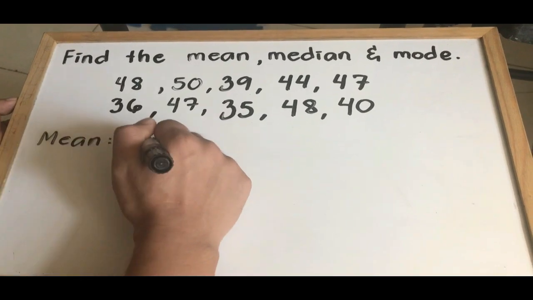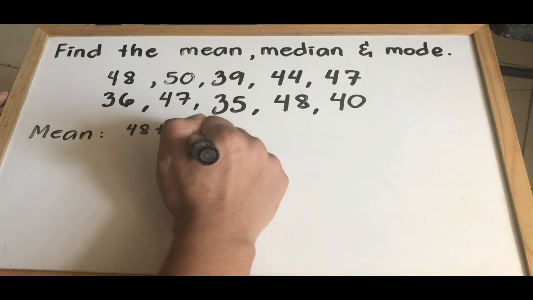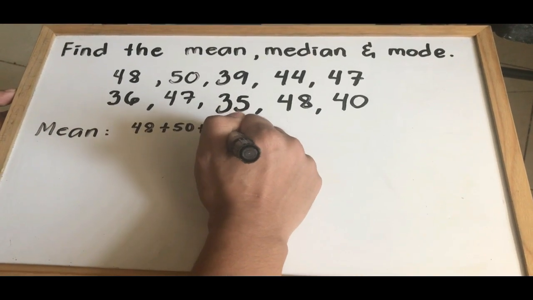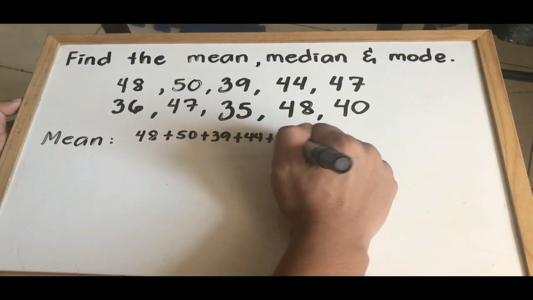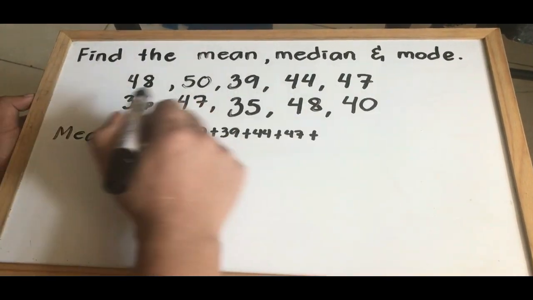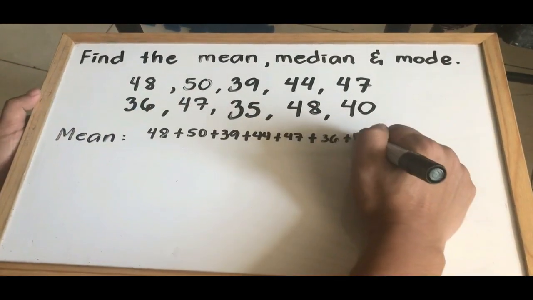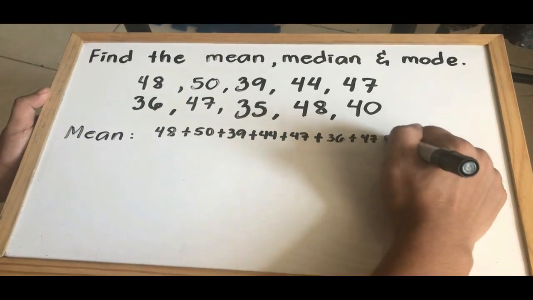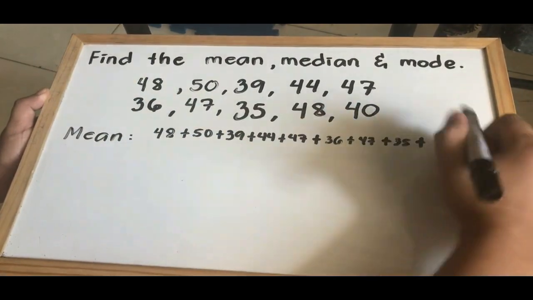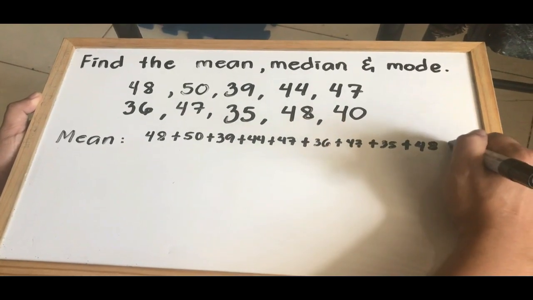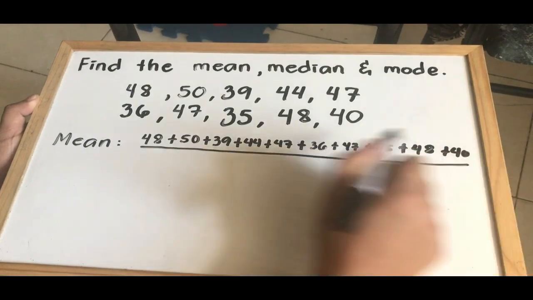So 48 plus 50 plus 39 plus 44 plus 47 plus 36 plus 47 plus 35 plus 48 plus 40, divided by the number of data.